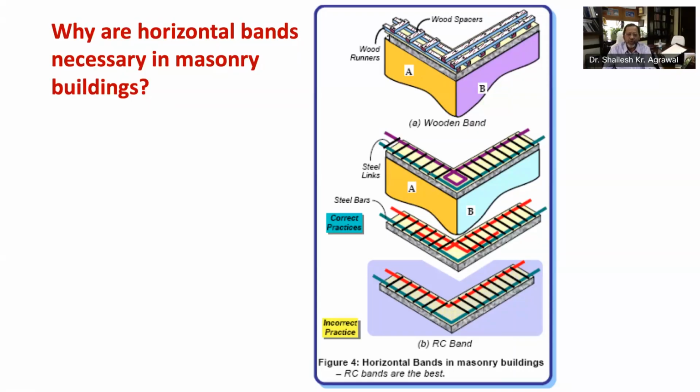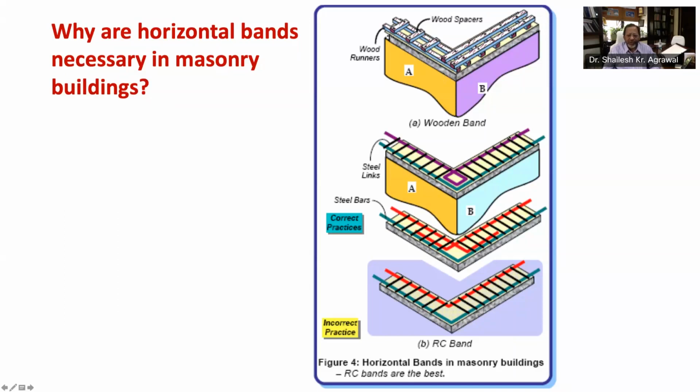There are two Indian standards, namely IS 4326 and IS 13828, which provide sizes and detail of these bands. In case of wooden bands, the size of runners should be at least 75 by 38 mm, and that of spacers should be at least 50 by 30 mm.